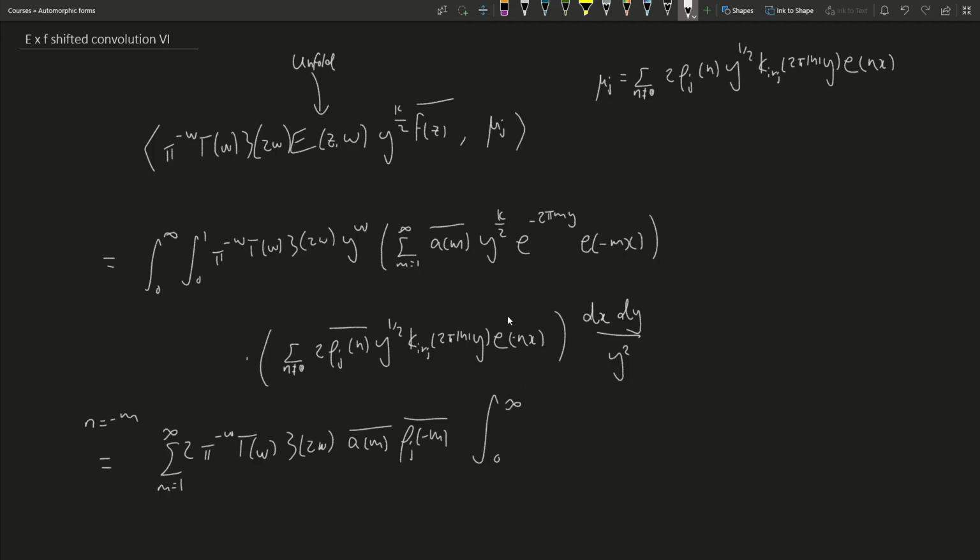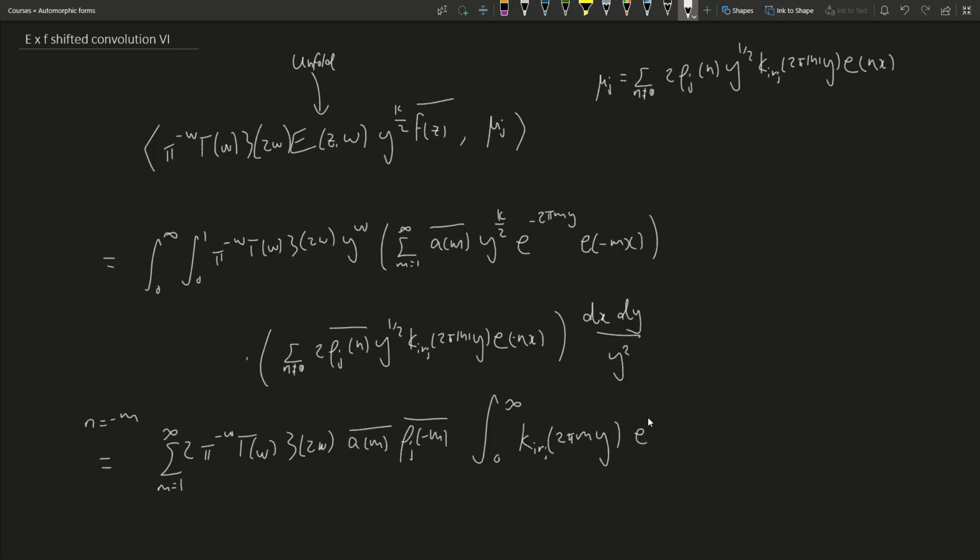So here it's going to be, I like writing the K-Bessel function first, so it's K_{i r_j} of 2 pi, and I'm just going to write m here because it's the absolute value of n, and n is minus m, so it's positive.